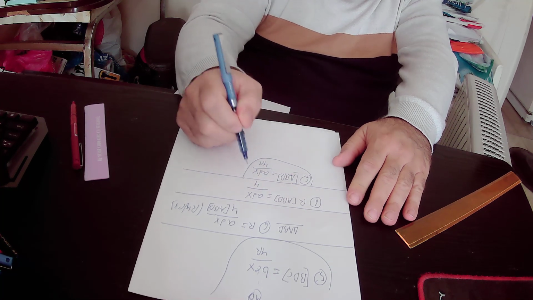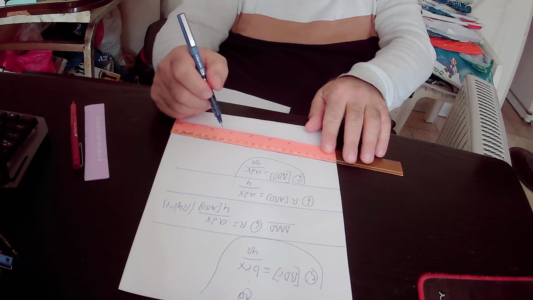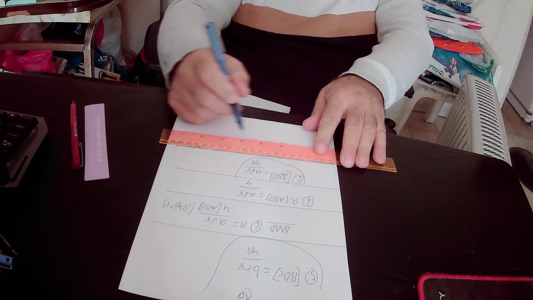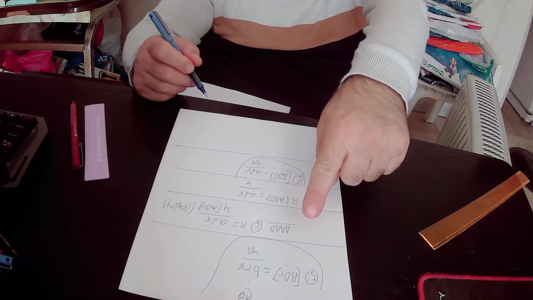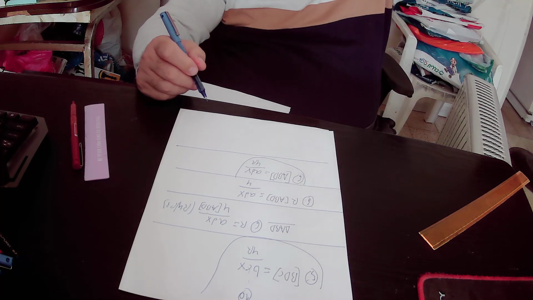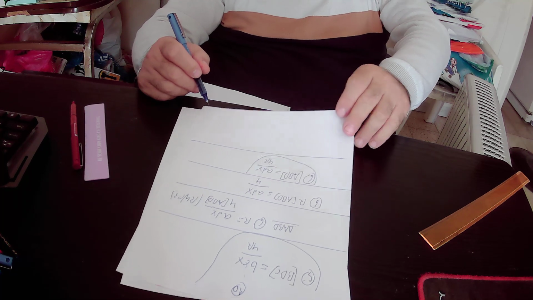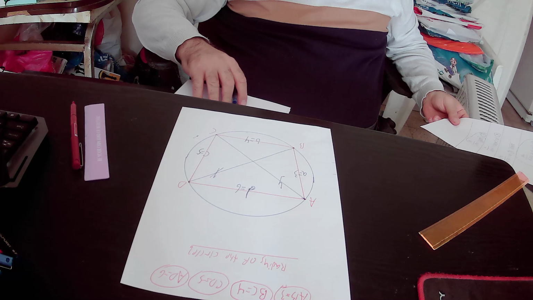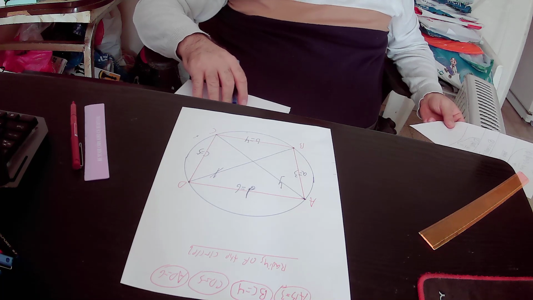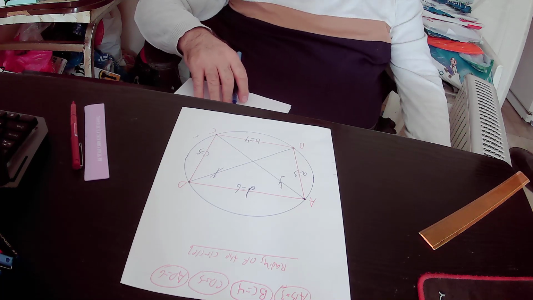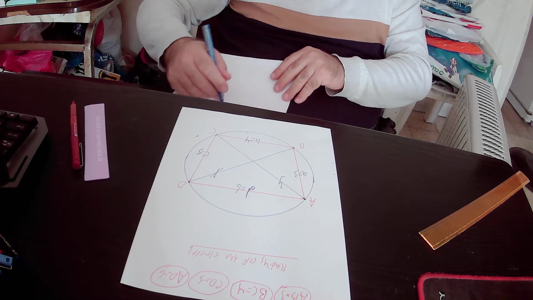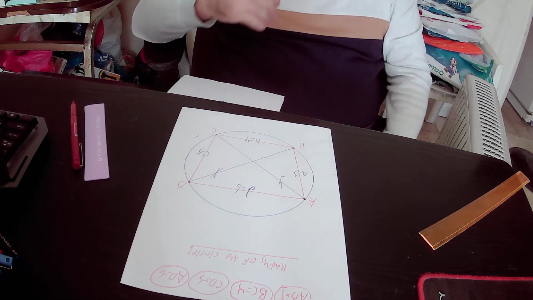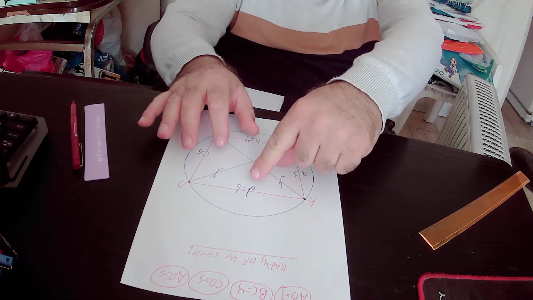Okay, we found out the area of triangle ABD, and we have already found out also the area of triangle BDC. But actually, as you can see from the drawing, quadrilateral ABCD consists of those two triangles.